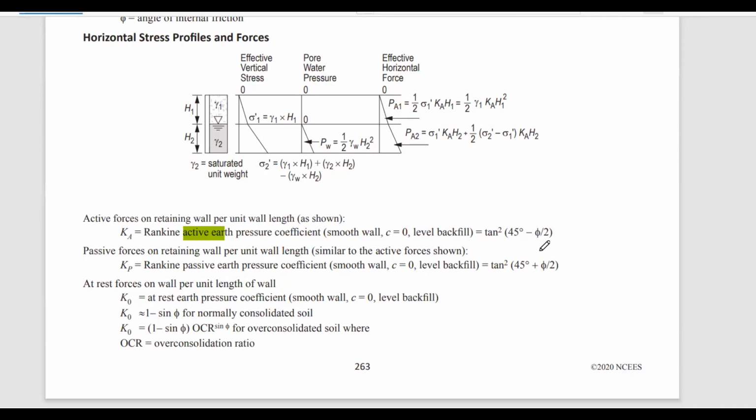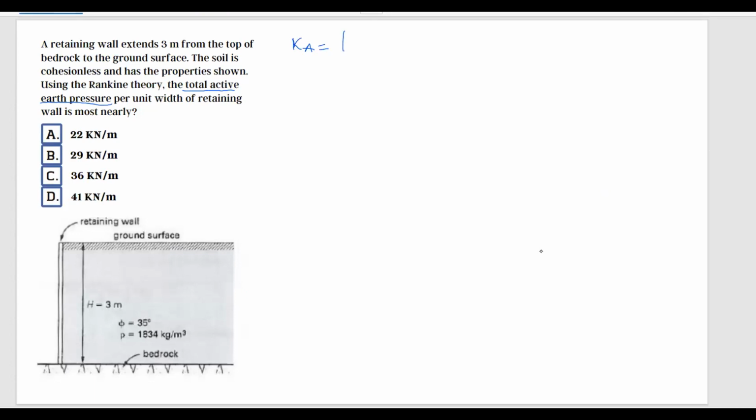So let's write the formula down. Ka is equal to tangent squared of (45 degrees minus phi over 2).